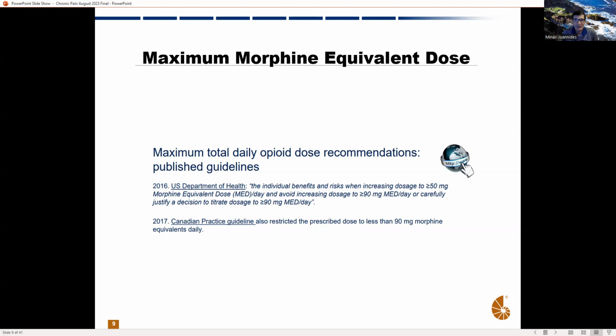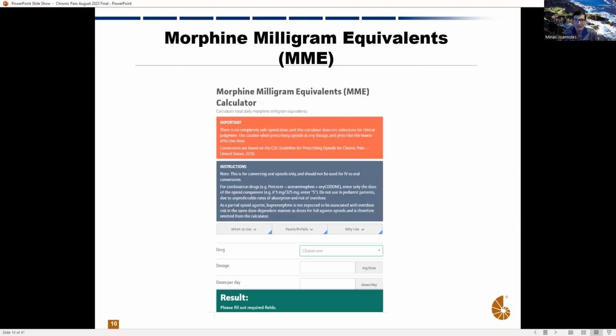Greater than 50 milligrams of morphine a day is a definite concern, and even more worrisome are dosages greater than 90 milligrams of morphine equivalent per day. So keeping those in mind, the 50 and 90 are key markers in terms of morphine equivalent dose, whatever drug you're looking at on an applicant.